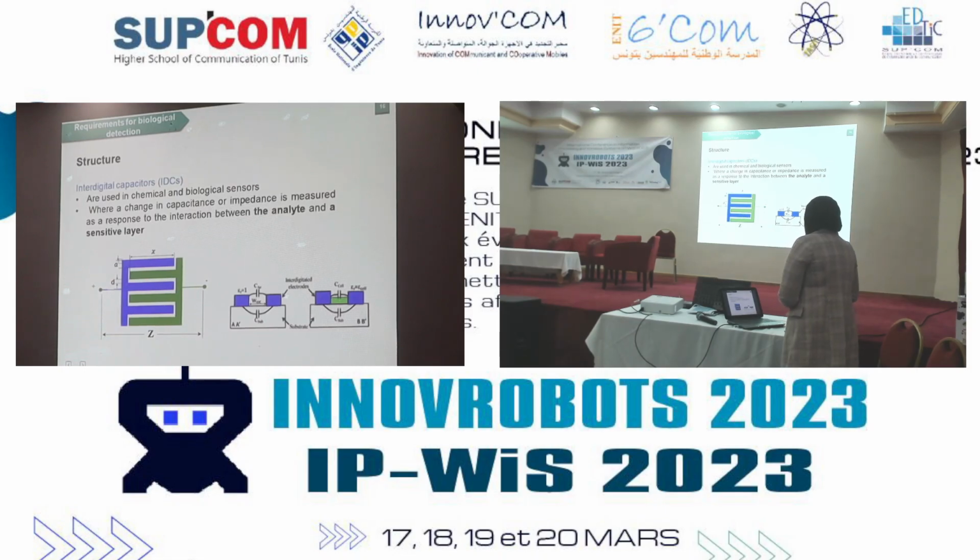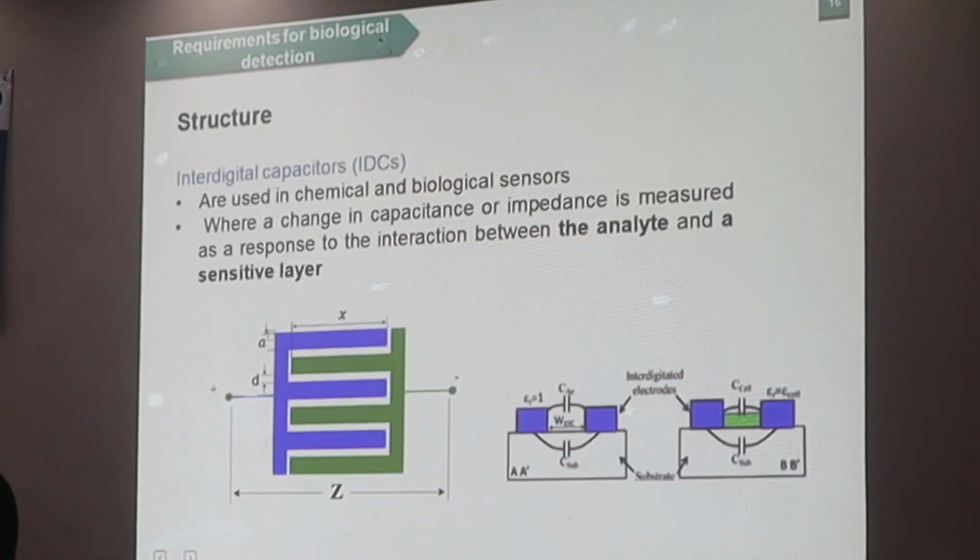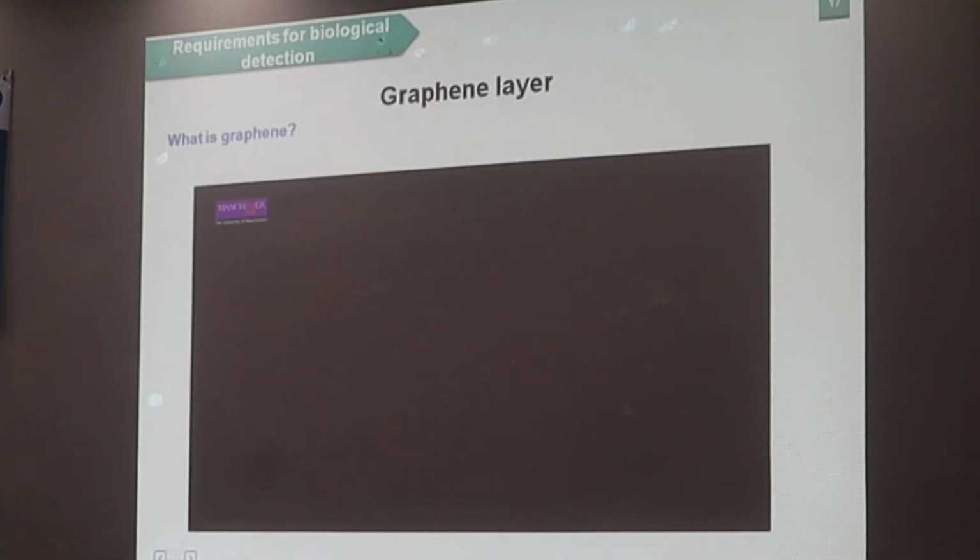I have focused on the interdigitated capacitor because this structure can give us a very high electromagnetic wave in the area of detection between the interdigitated fingers. Also, I have added graphene in my work to augment the sensitivity of the prototype.